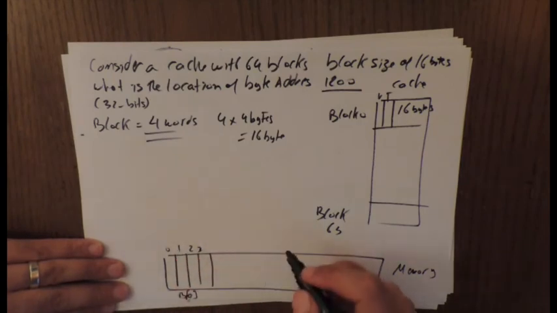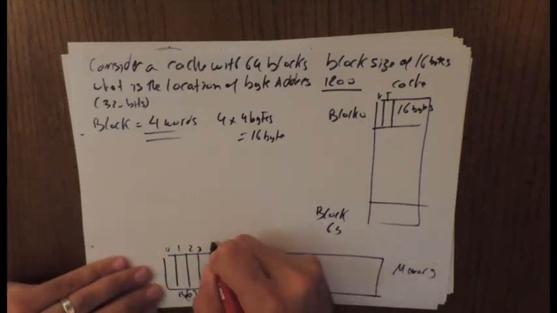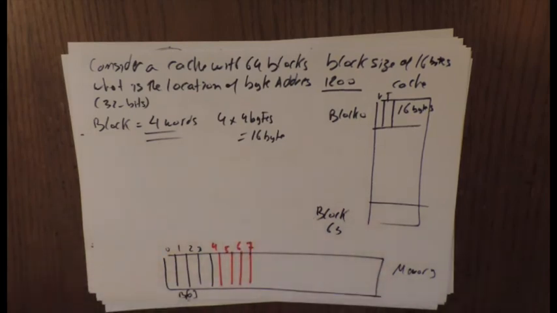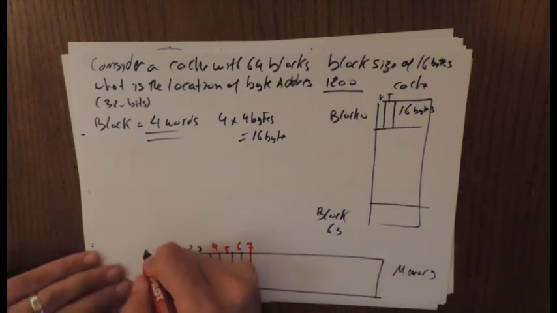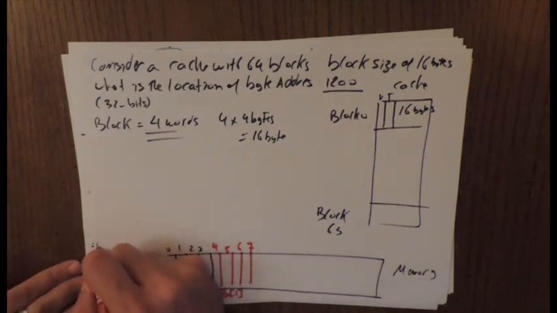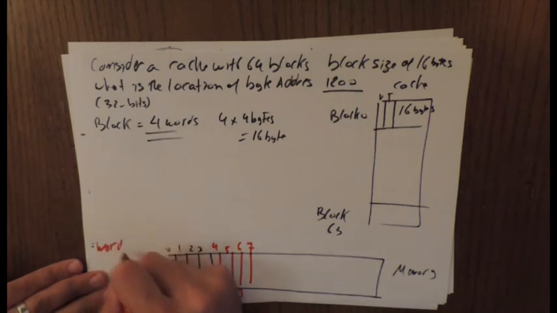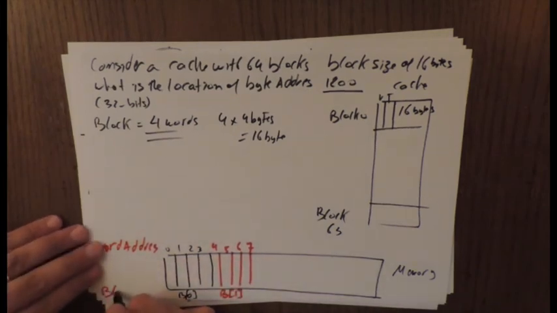Then block 1, in a different color, has 4, 5, 6, 7. So this is called the word address. This is called the block address.